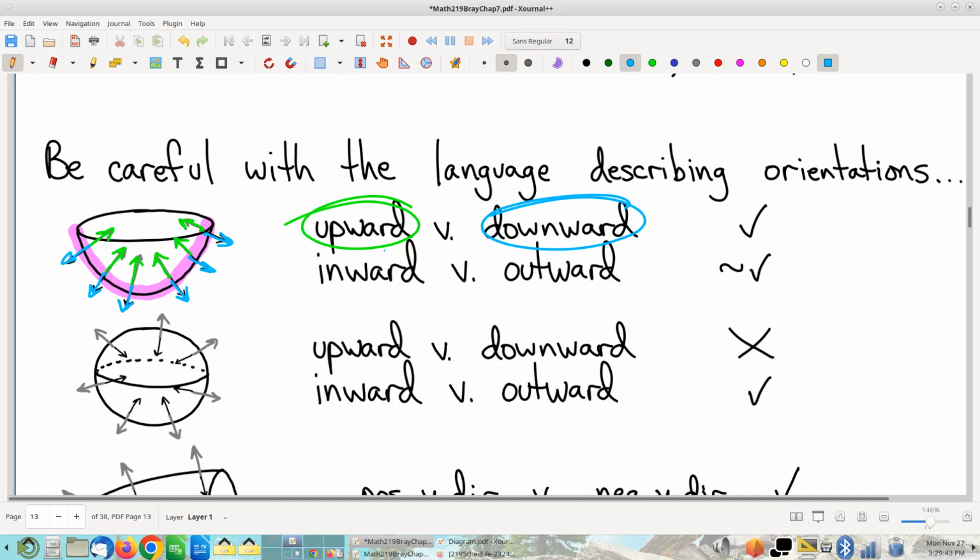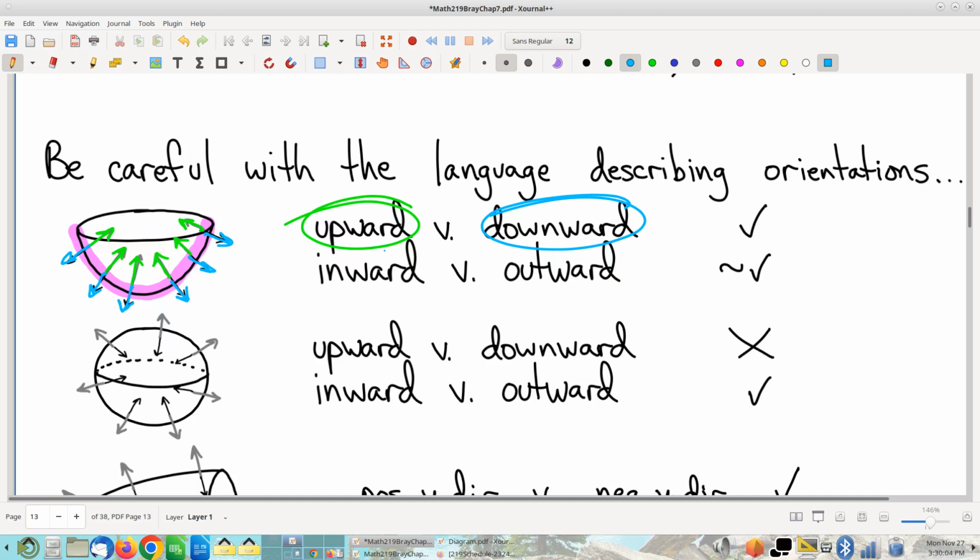So the point here is to change your perspective on what the goal of the language is. The goal of the language, when you're distinguishing orientations from each other, is not to be precise. The goal of the language is to be unambiguous, just to distinguish between these two cases.